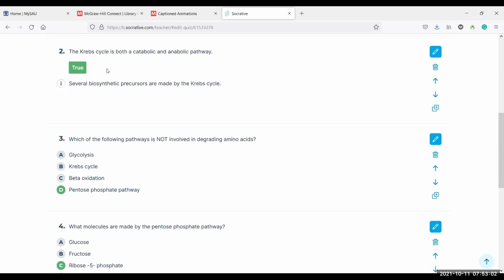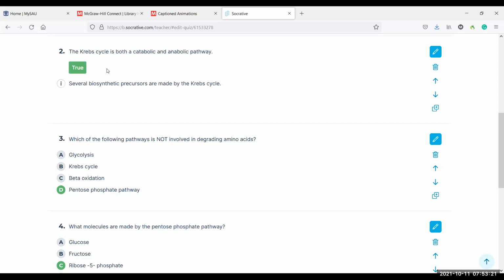Where have you seen the word heme before? Right, hemoglobin. Heme is the planar molecule that's attached non-covalently to the hemoglobin polypeptide. That's the part that holds the iron that binds the oxygen.